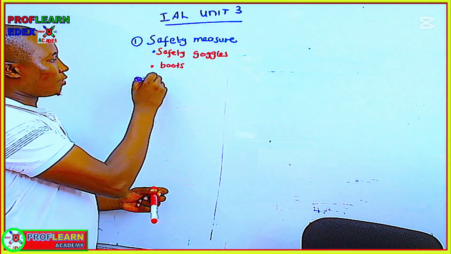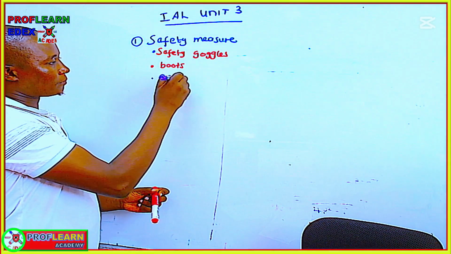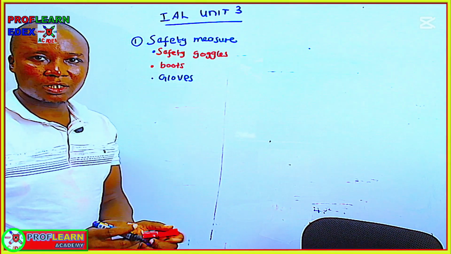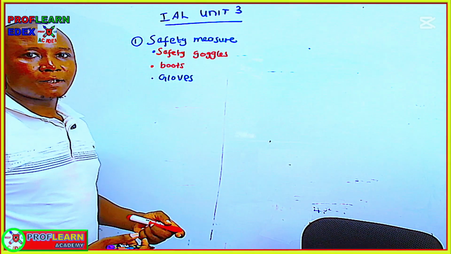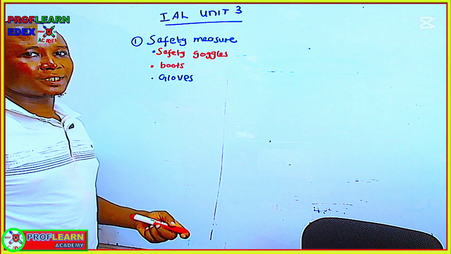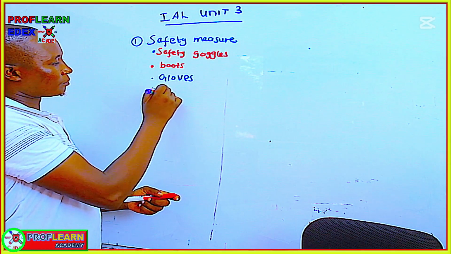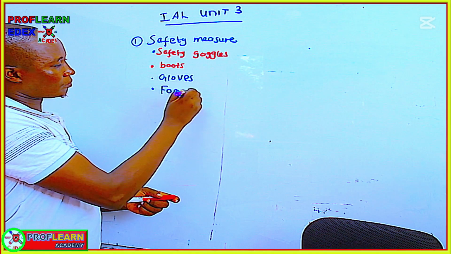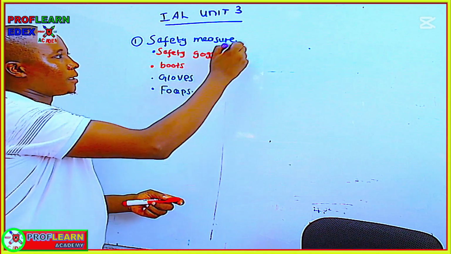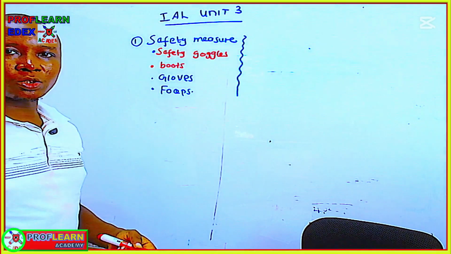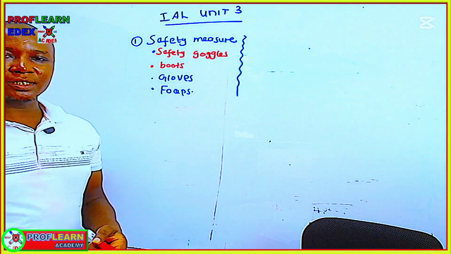We can talk of gloves, in case you are handling objects, for instance hot objects. You can use forceps to hold them. So some of you need to know safety precautions involving different experiments.